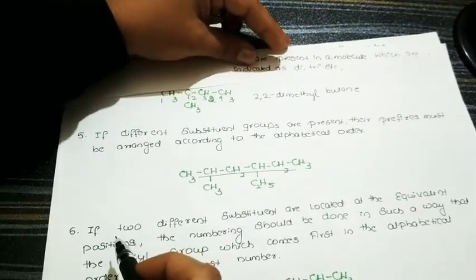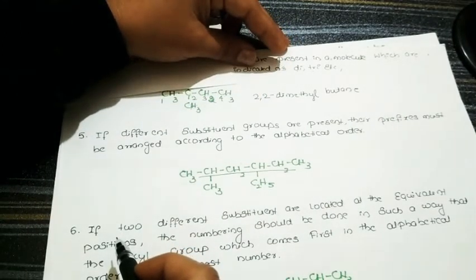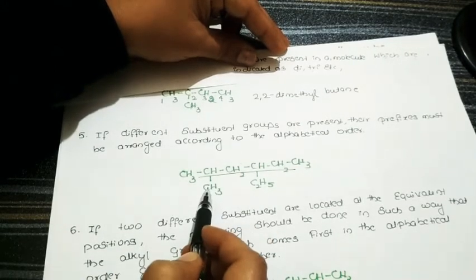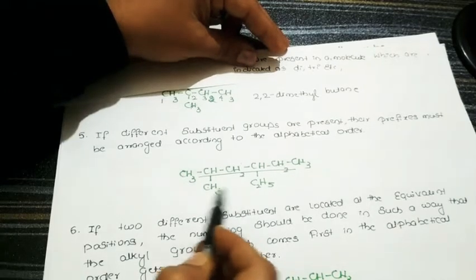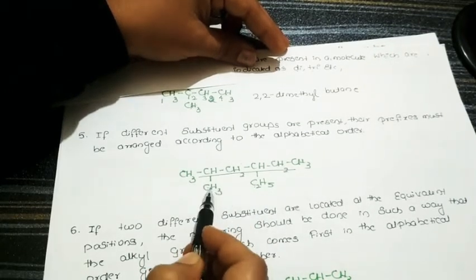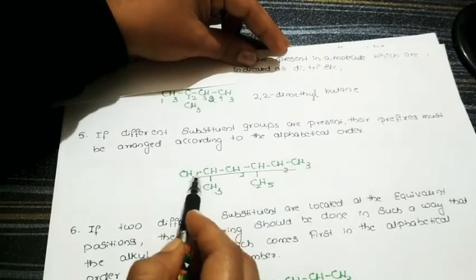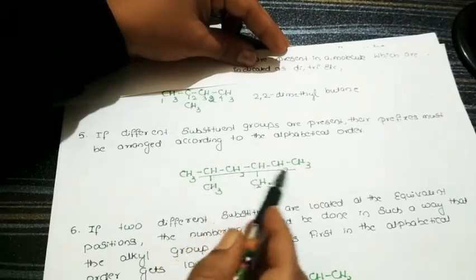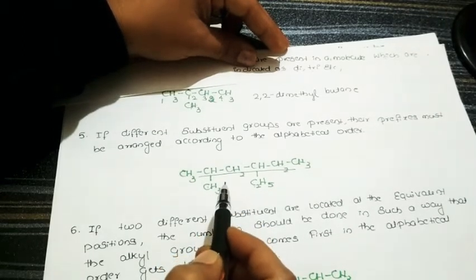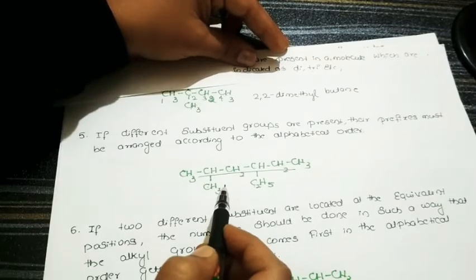Now I need to number in such a way that obviously the substituent should get the least number. But here we have different substituents. When such different substituents are present at unequal distance, you need to do numbering in such a way that the sum of the locants is least.